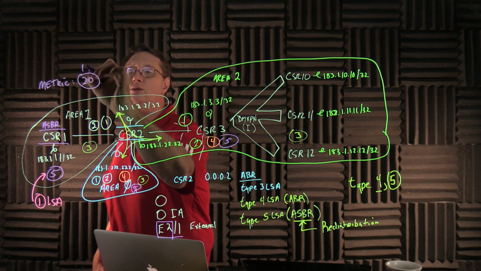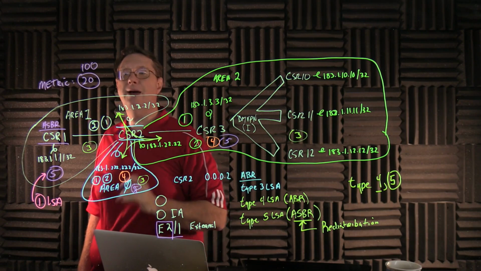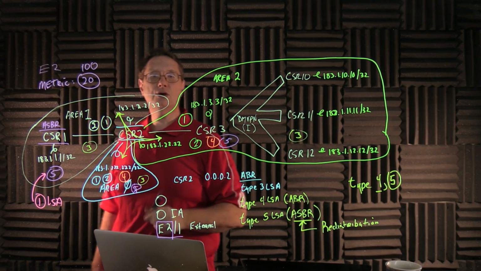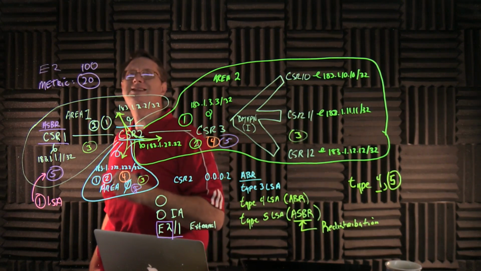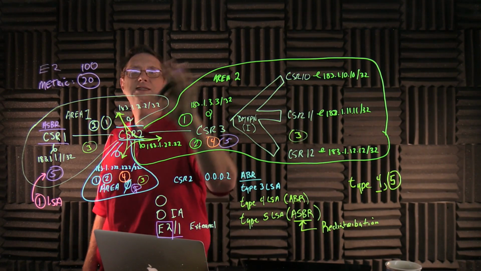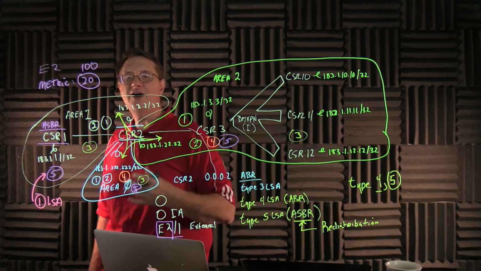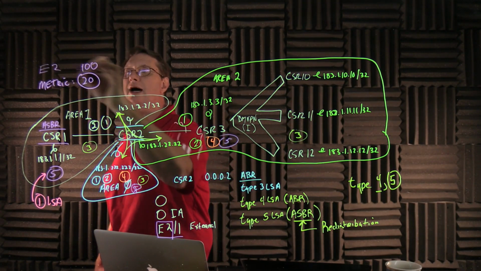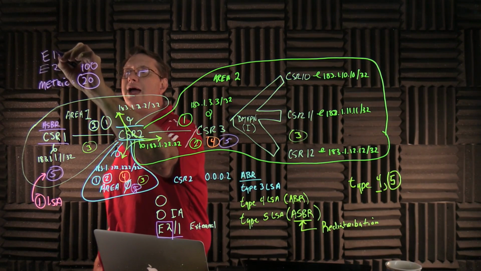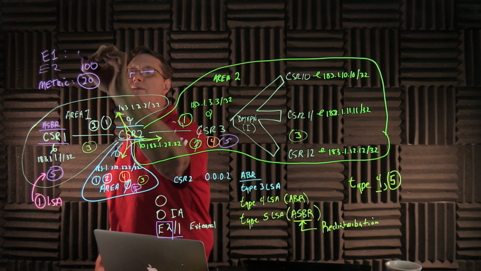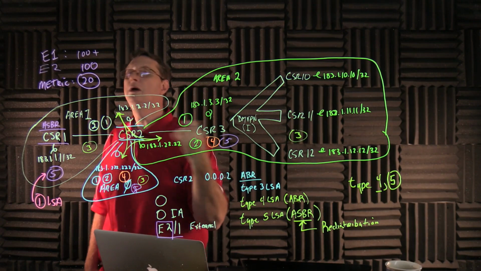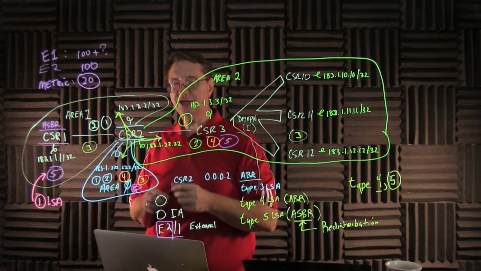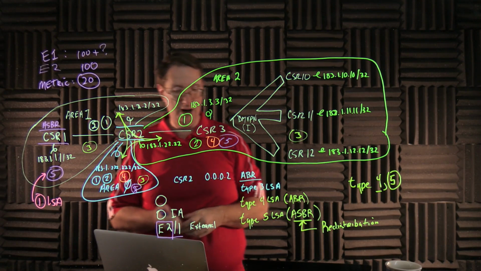I seeded mine with 100 to demonstrate that by default an external type 2 prefix does not increment. So it doesn't get modified as it gets advertised throughout the infrastructure. A type 1 does. So an external type 1 prefix is going to be 100 plus whatever is going to happen as it goes through, and you'll actually be able to see how that process gets modified.